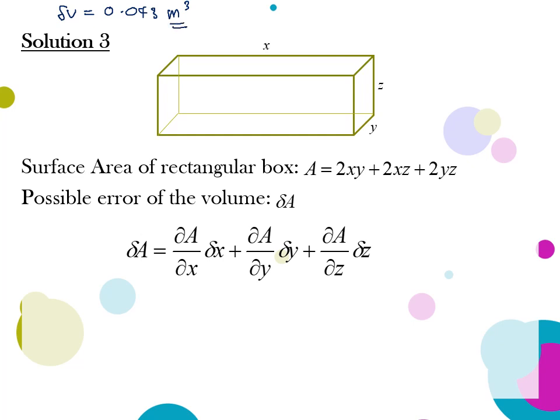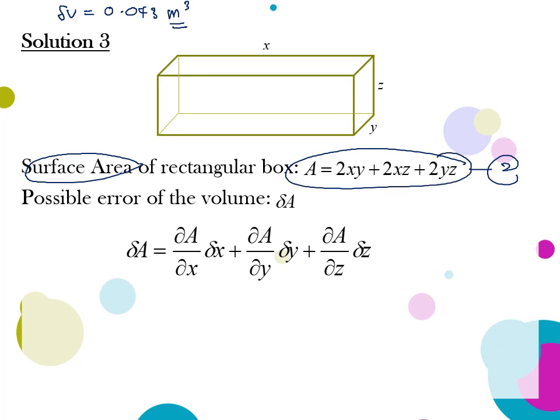Now proceed with the surface area. We have formulated the area for the rectangular box with the second formula here. To find the increment of the area, we will apply the same formula as before.